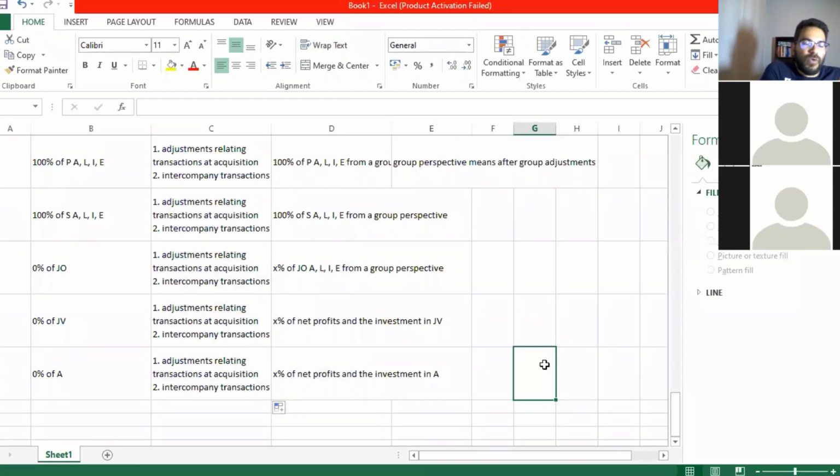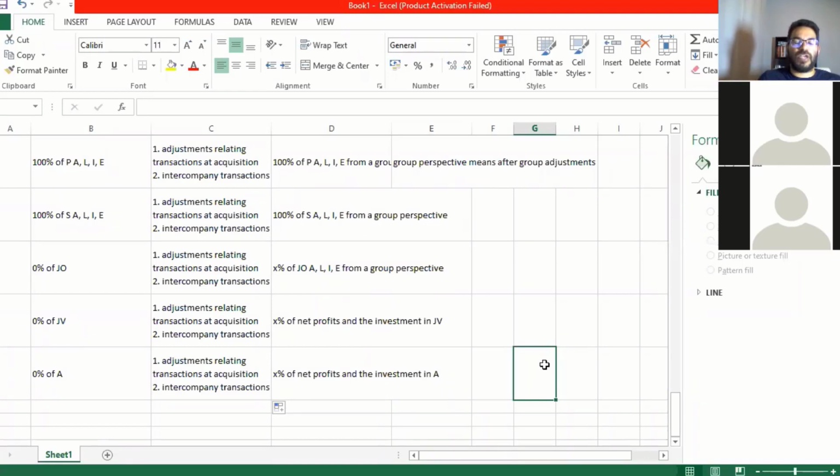So remember what the starting point is, and remember what the end point is. The starting point is the separate trial balances as at the end of the current year or the current period. Your end point is what the group wants: the group financial statements.